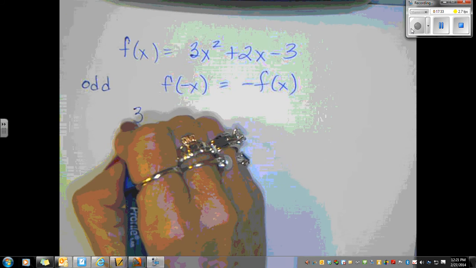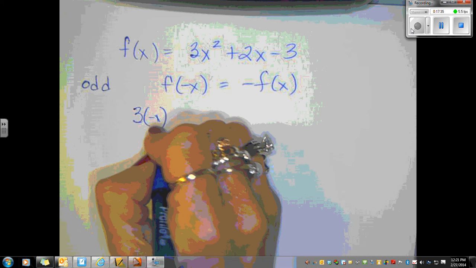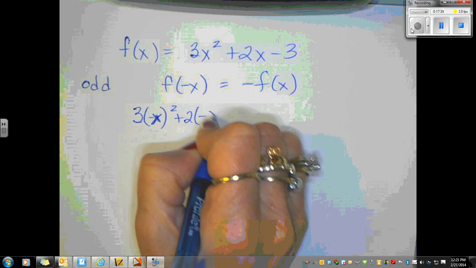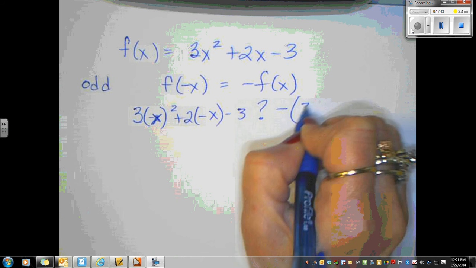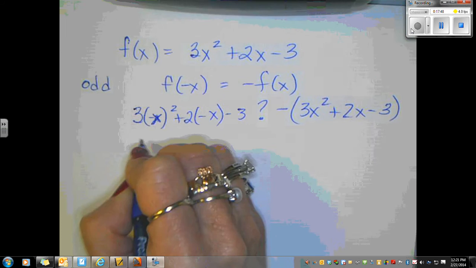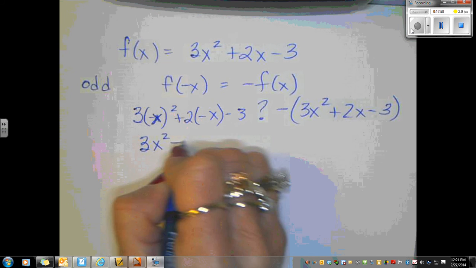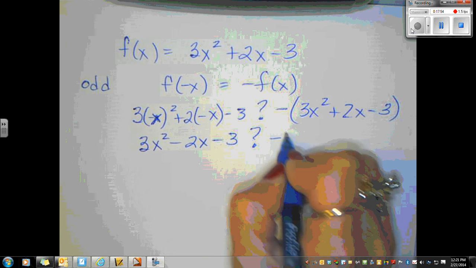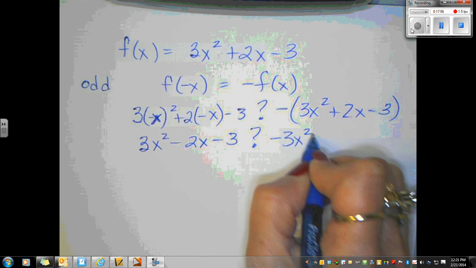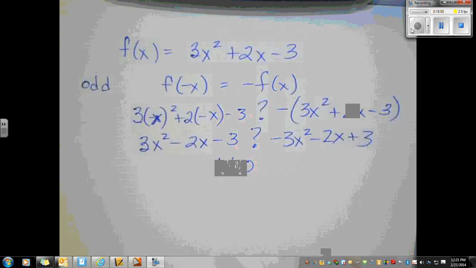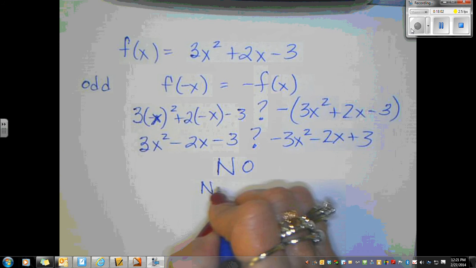So I have 3 times negative x squared plus 2 times negative x minus 3. Is that the same as negative of 3x squared plus 2x minus 3? This is 3x squared minus 2x minus 3. Is that the same as negative 3x squared minus 2x plus 3? No. So, this is not odd.